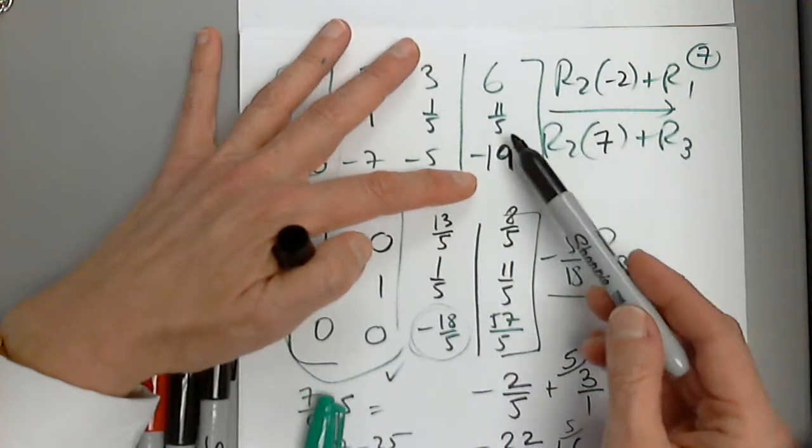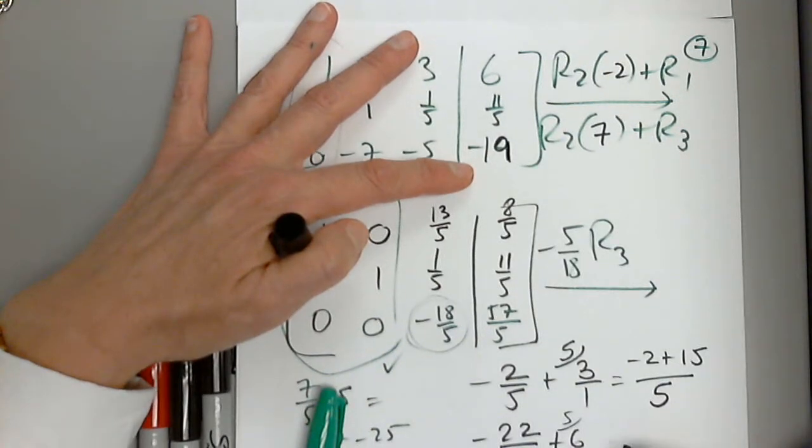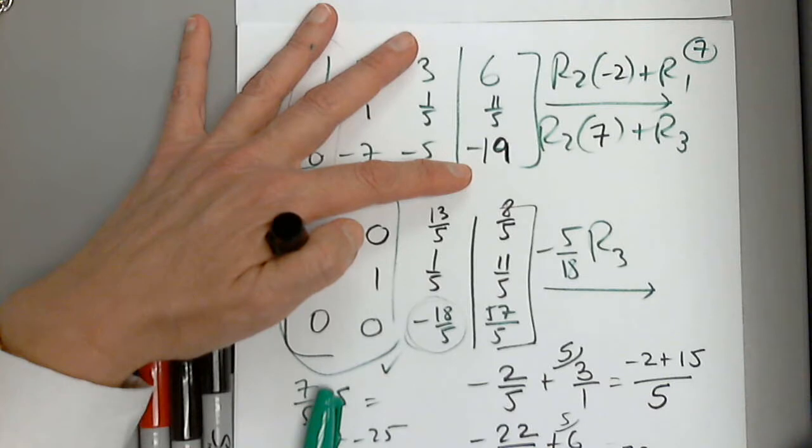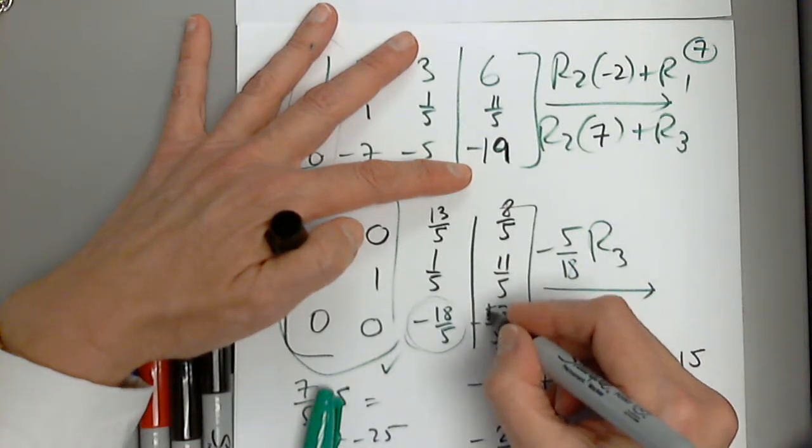That's correct. Now the last one has to be redone. So 77/5 minus 19. 77 minus 5 times 19 over 5. So 77 minus 5 times 19. Negative 18/5. I love it.